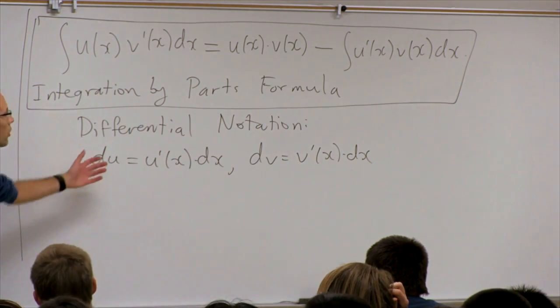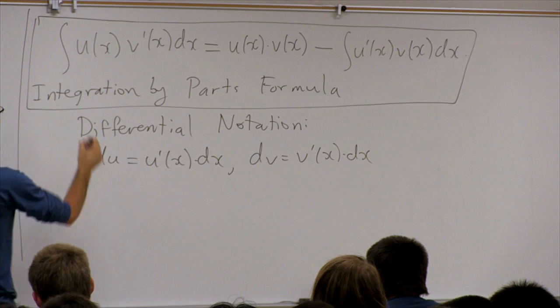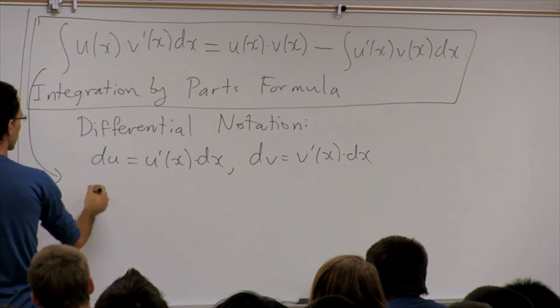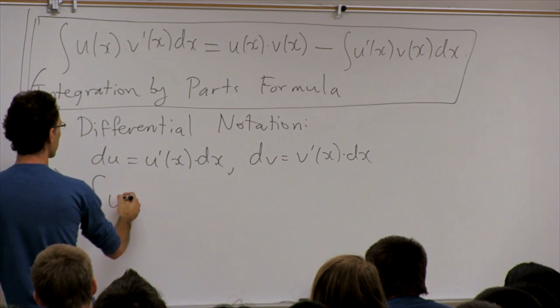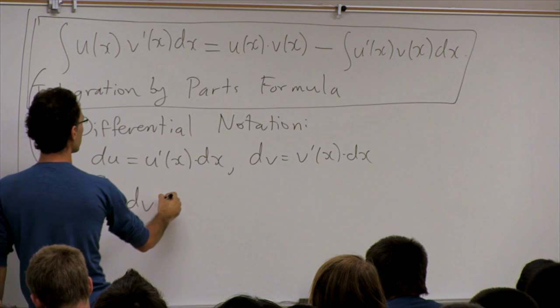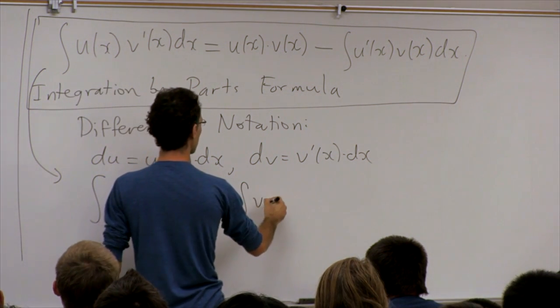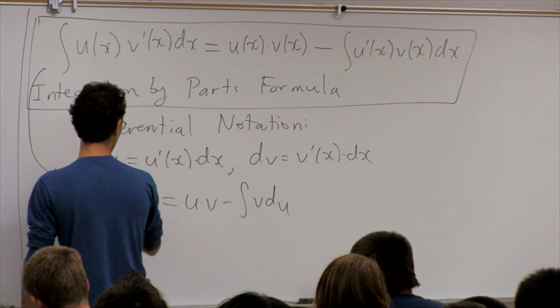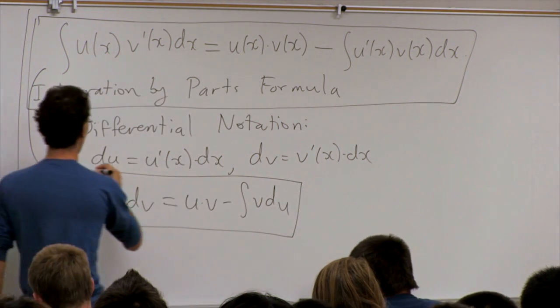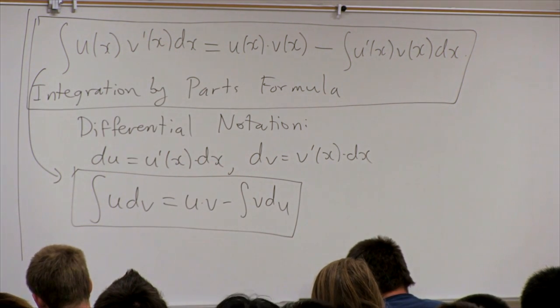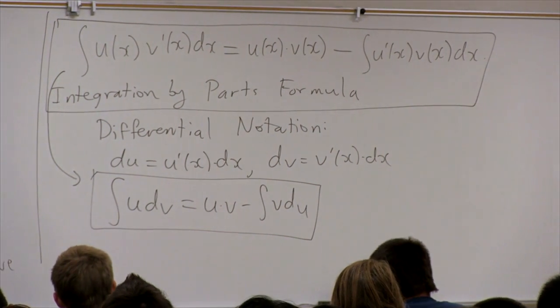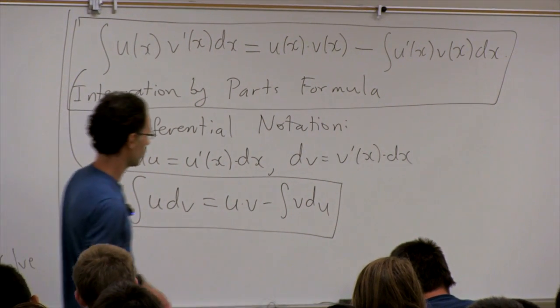And with this now short notation, we can rewrite this formula in a much more compact way as integral of u dv is u times v minus integral of v du. And so this is a much easier way of writing and also remembering the idea of integration by parts.